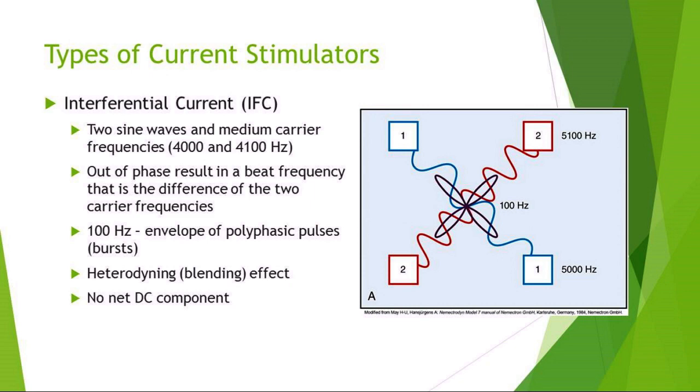And so what they call that is, with 100 hertz, you really can't feel 100 pulses per second. You can't feel each individual pulse. So you get what they call the heterodyning or blending effect. So it feels like one continuous thing instead of being individual pulses.